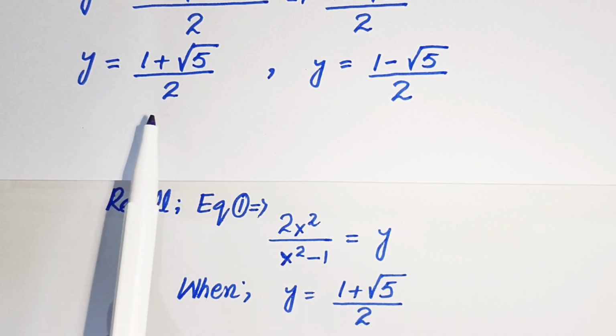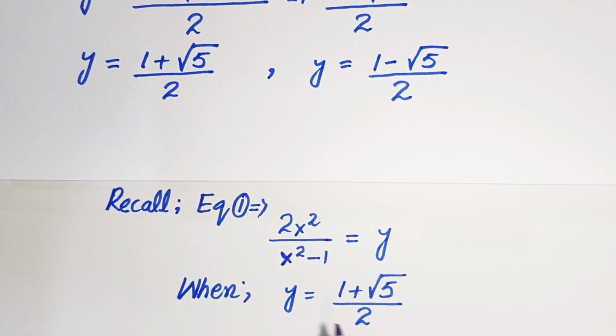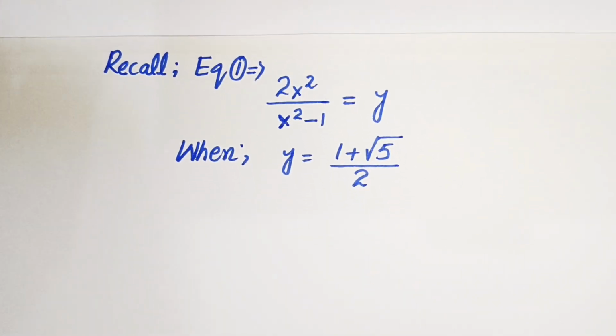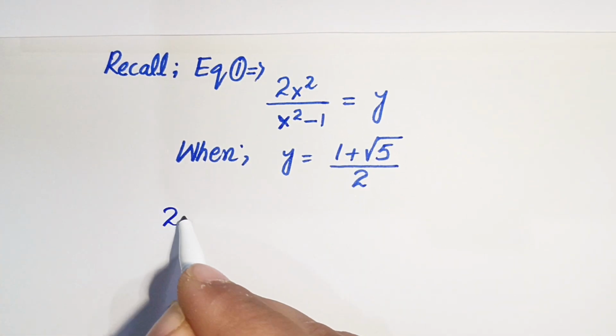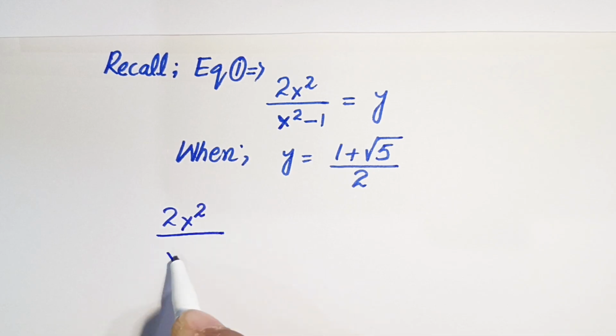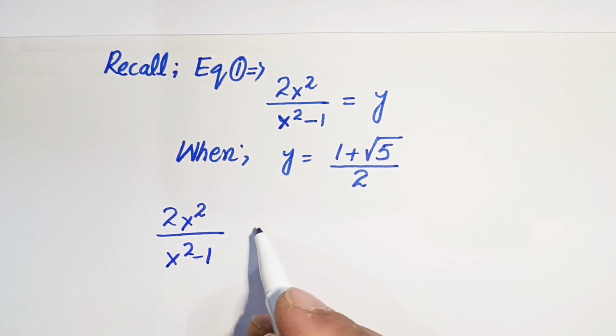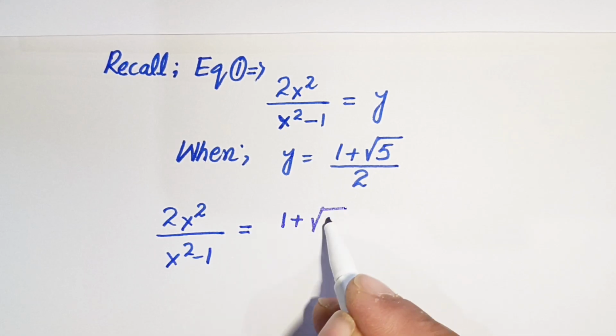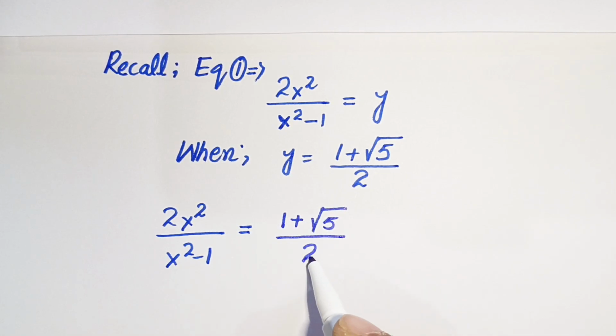So putting now the first y, which is equal to 1 plus square root of 5 over 2, here it will be that 2x squared divided by x squared minus 1 is equal to, so when y is equal to 1 plus square root of 5 all over 2.